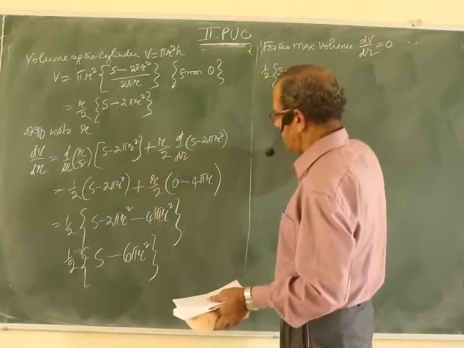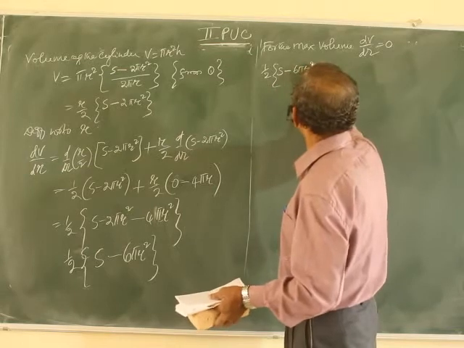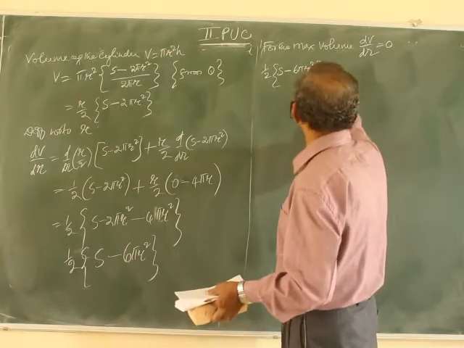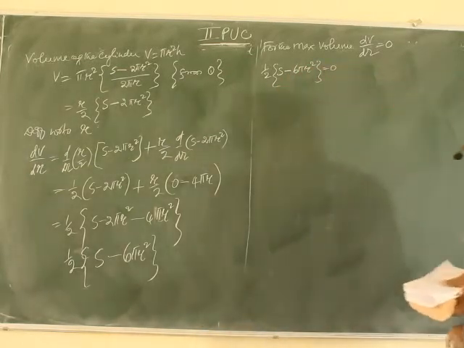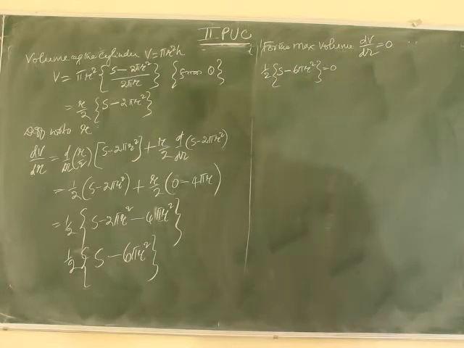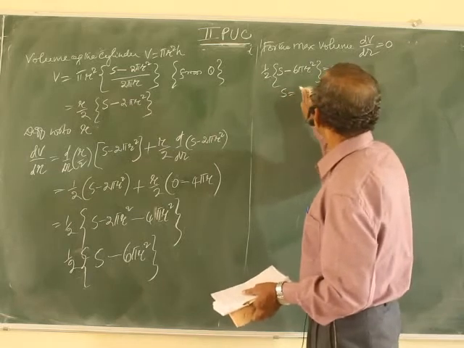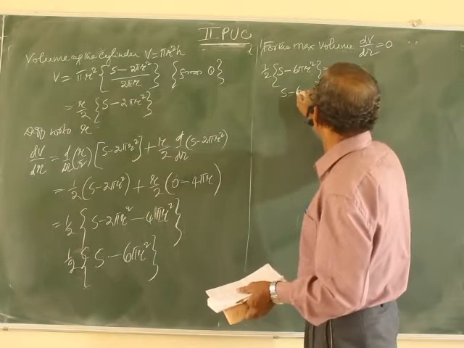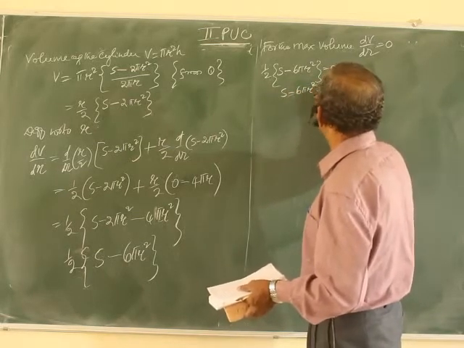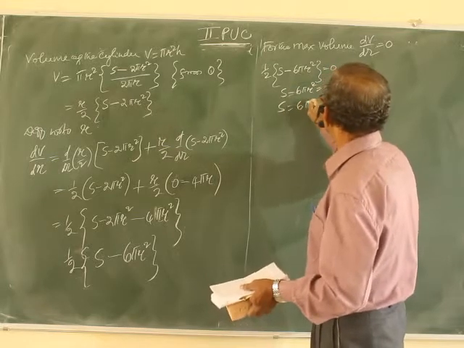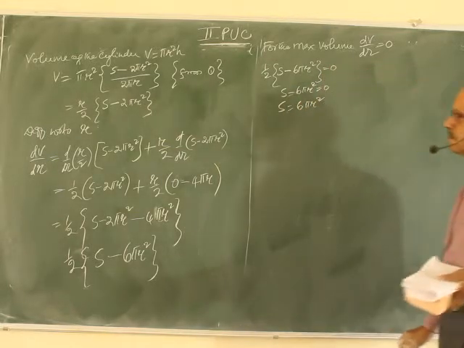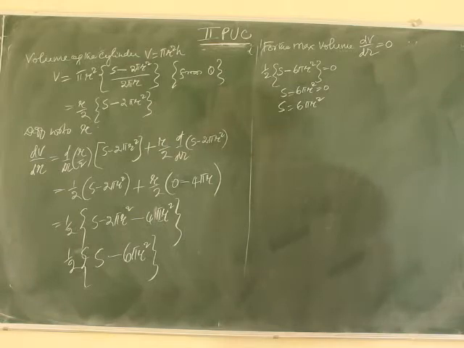Anyway, S minus 6 pi r square equal to 0, or S equal to 6 pi r square.